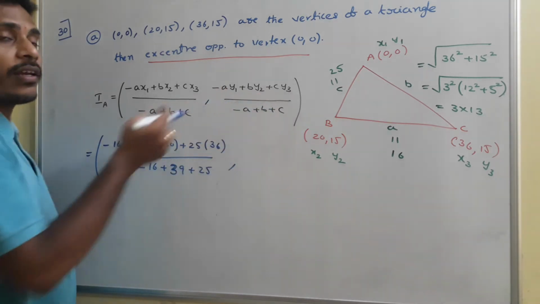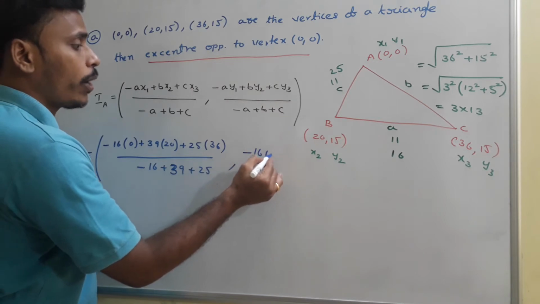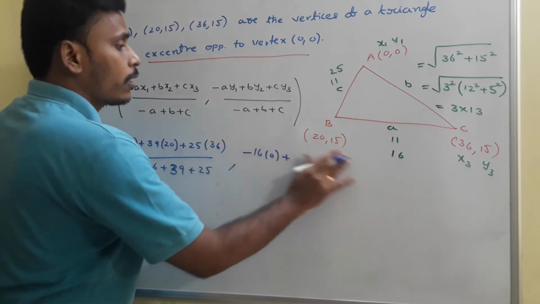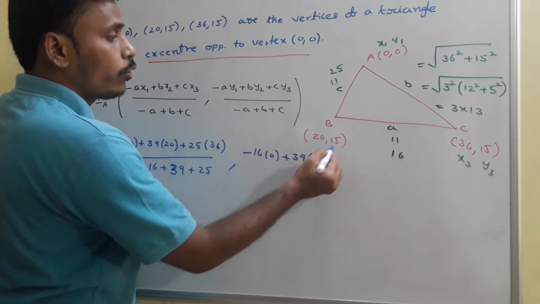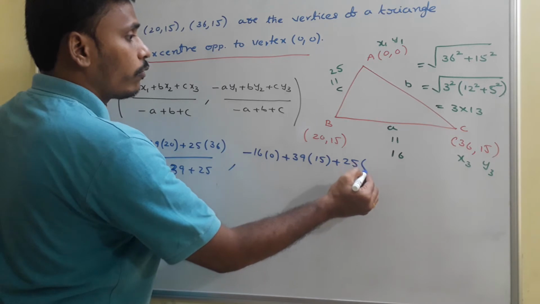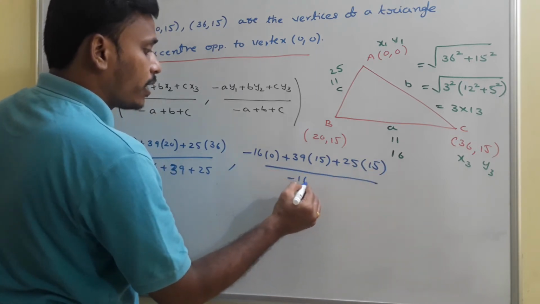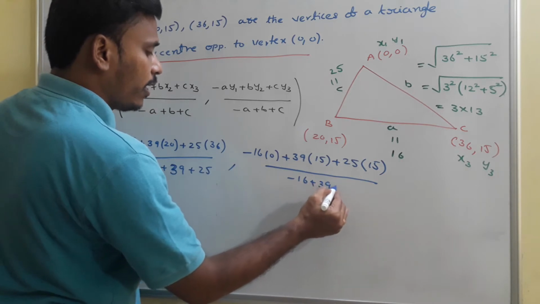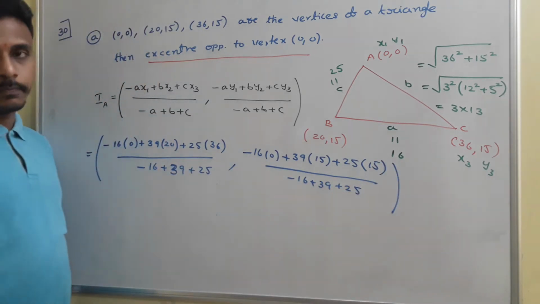Similarly, minus a y1, minus 16 into y1 which is 0, plus 39 into y2 which is 15, plus 25 into y3 which is 15, divided by minus 16 plus 39 plus 25.